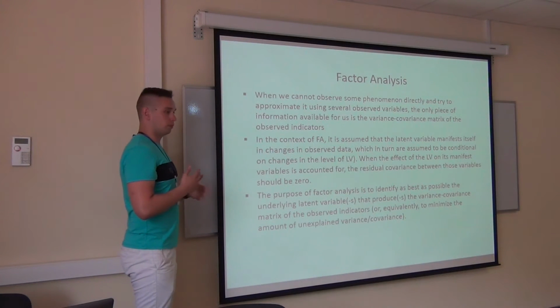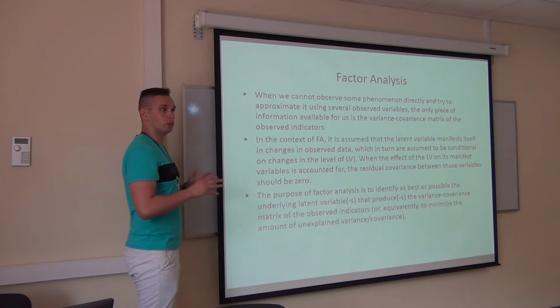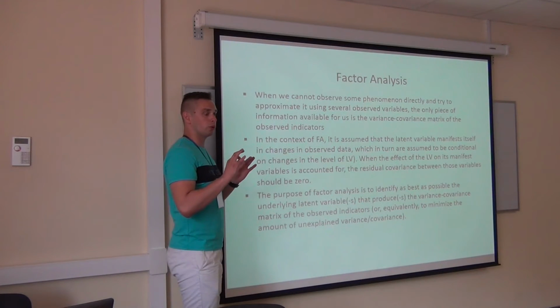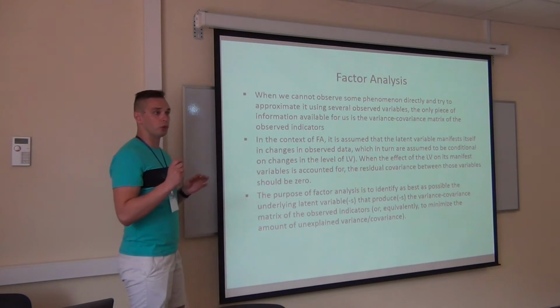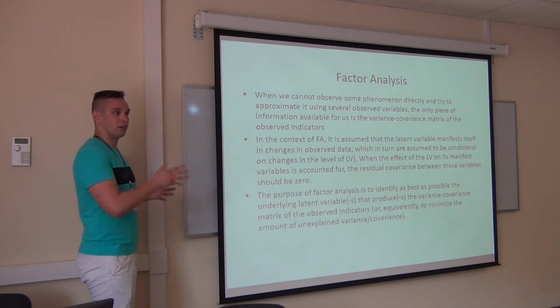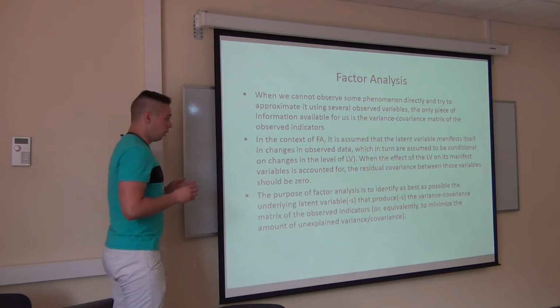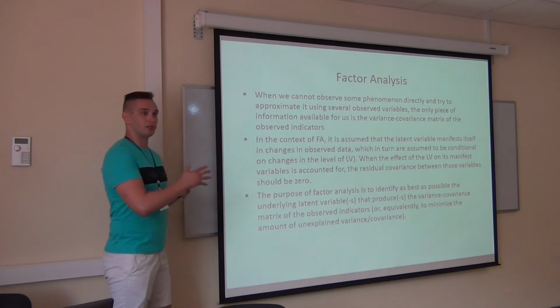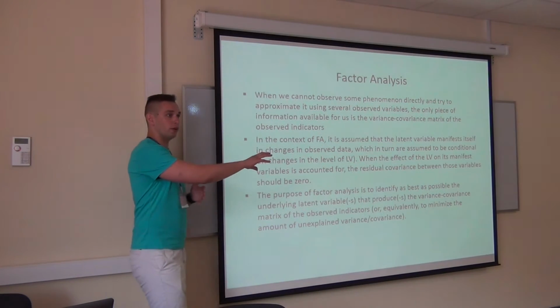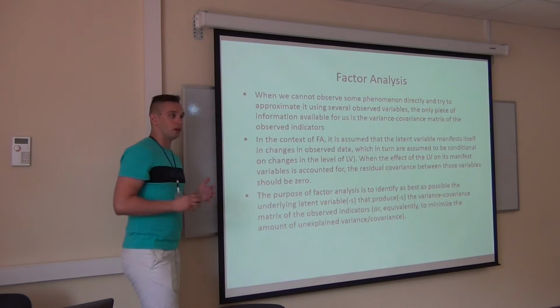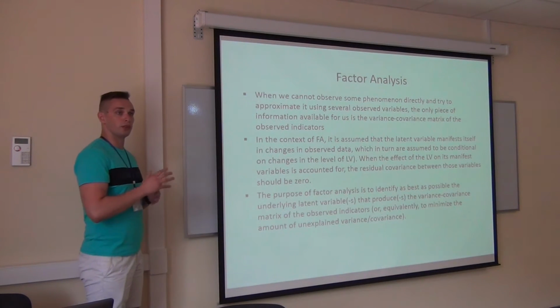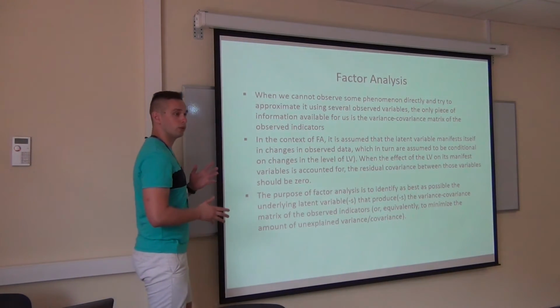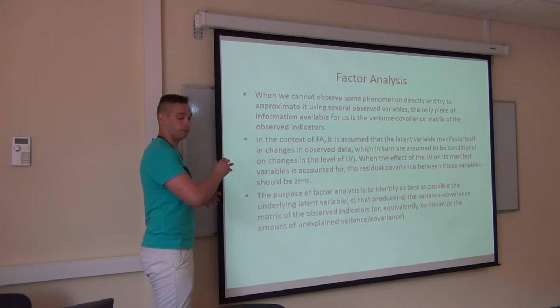We can, for example, observe a correlation between two indicators of religiosity as high as 0.9, for example, believing in hell and believing in God. But it does not mean that believing in God determines the level of believing in hell, and vice versa. It does not determine that the level of believing in hell determines the individual level of believing in God.